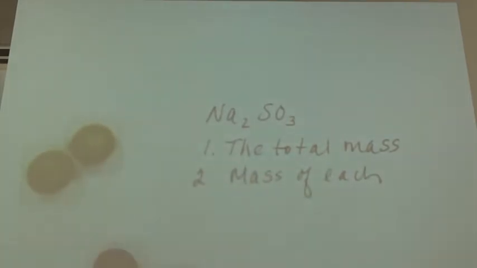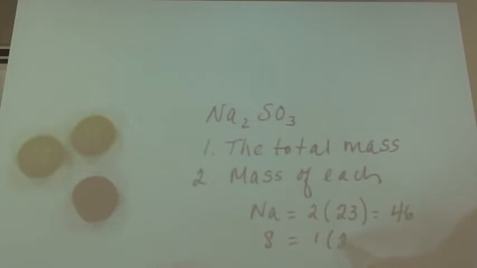How much do 2 sodiums weigh? 46. You took 2 and multiplied them times their molar mass from the periodic table, and you got 46. How many sulfurs are there? 1. How much does it weigh? 32.